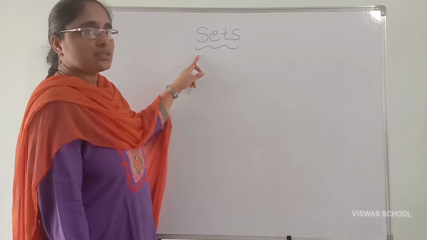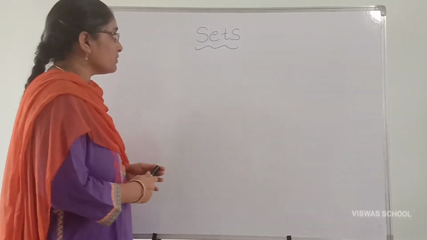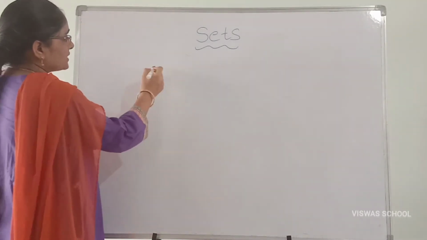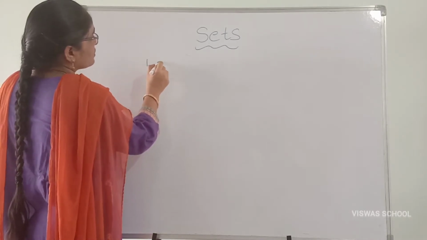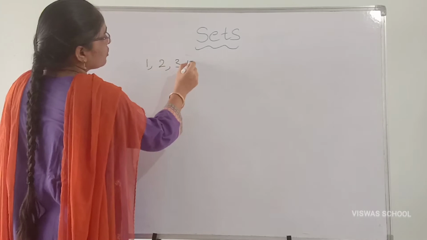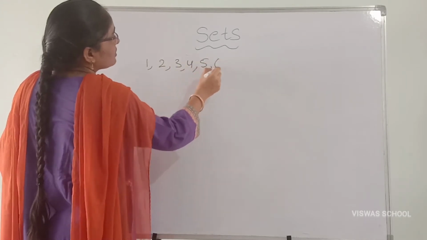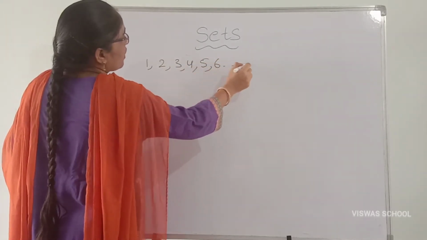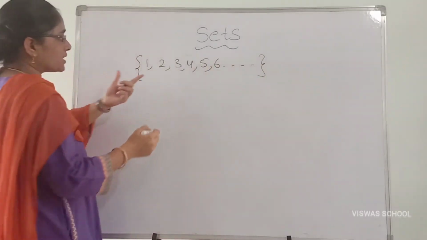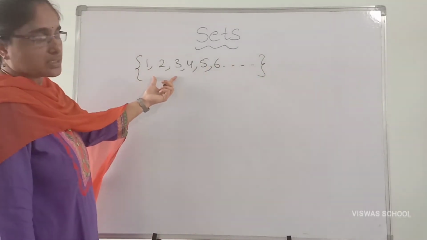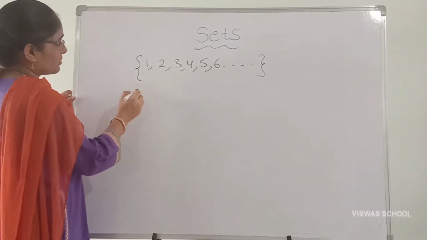Today's topic is sets. For example, here I am having 1, 2, 3, 4, 5, 6, and so on. These are natural numbers.